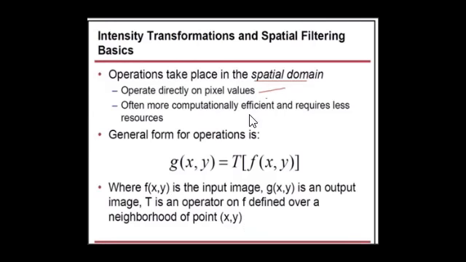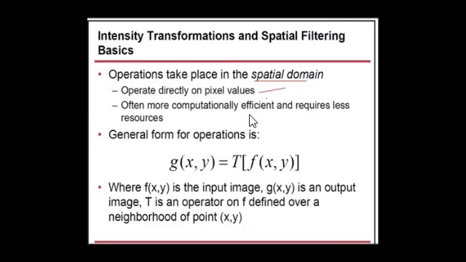Now let's see what spatial filtering is. Spatial filtering involves operations over the entire image, whereas the operation only takes place at a point of interest. It's like there is one point (x,y), and the operation takes place only in that point's neighborhood.